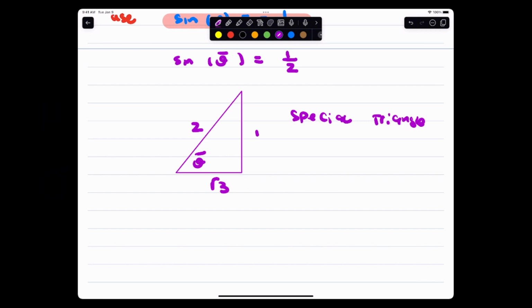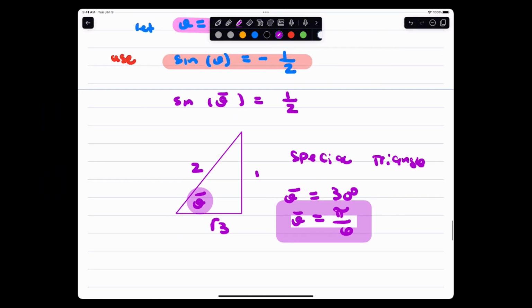What's the angle theta then? What's the reference angle? 30 degrees? Okay. And what's 30 degrees in terms of radians? Pi over 6. Okay?